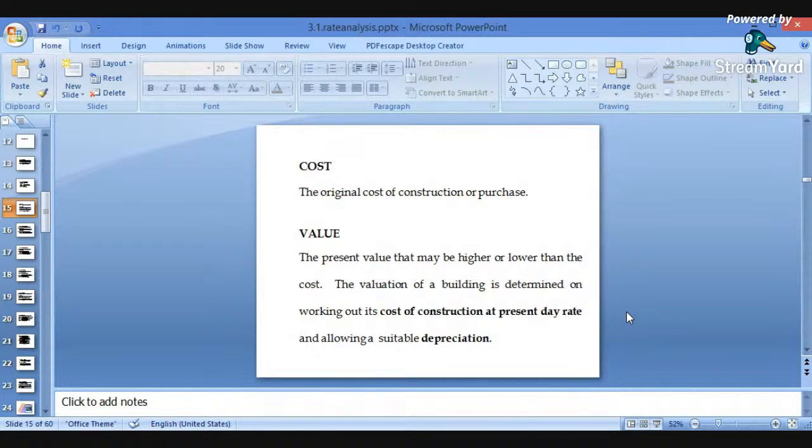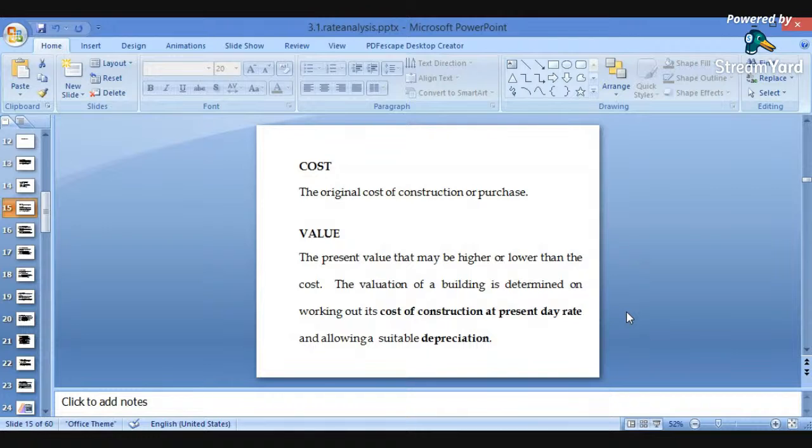What is depreciation? In short, depreciation is the decrease in the cost of any structure due to wear and tear. After the lifespan of the construction of a building, suppose it has been 10 years, or it is older than 10 years or 20 years, that means the depreciation will be there.